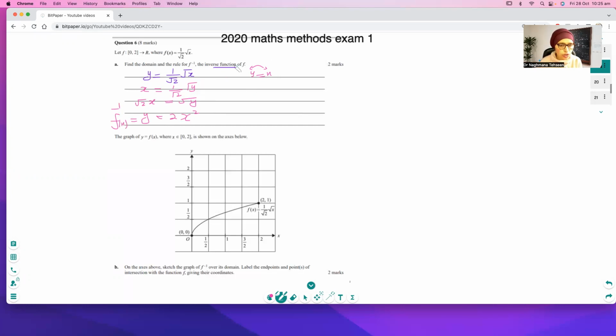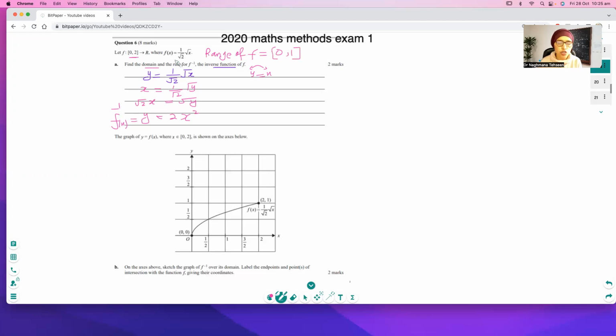Now we need to find the domain. As we see, the domain of f of x is 0 to 2, and it's a square root function, so the range of f is 0 to 1.